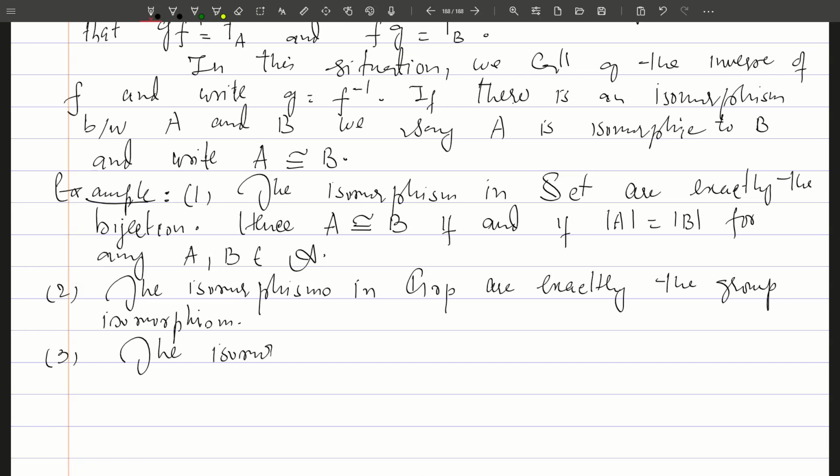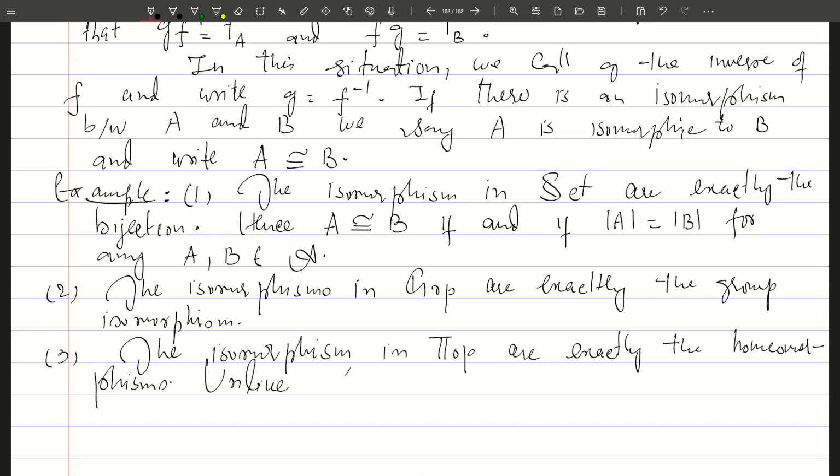So the isomorphisms in the category Top are exactly the homeomorphisms. So, unlike sets and groups, a bijective map in Top, the category of topological spaces, is not necessarily an isomorphism.